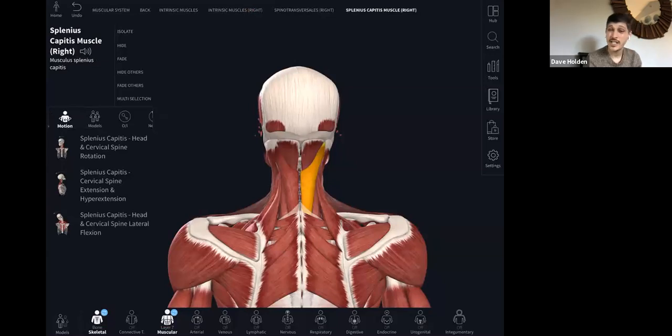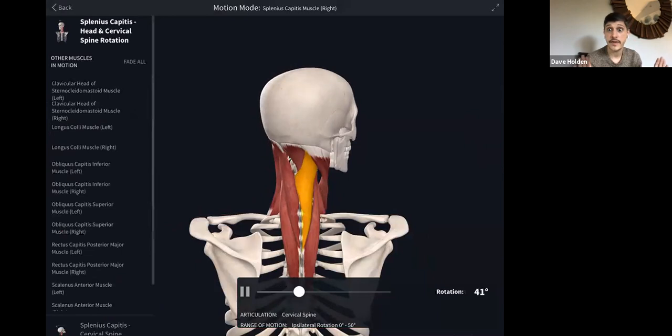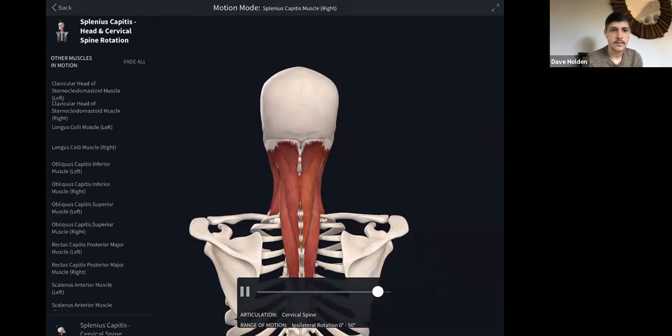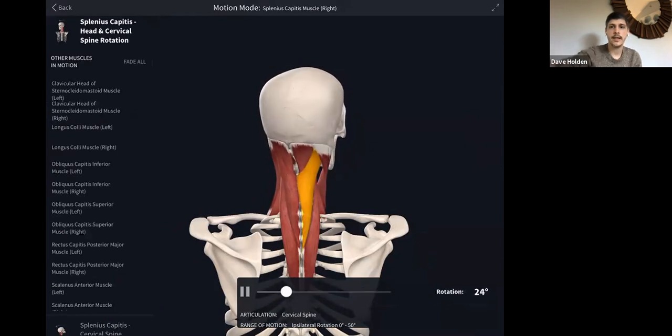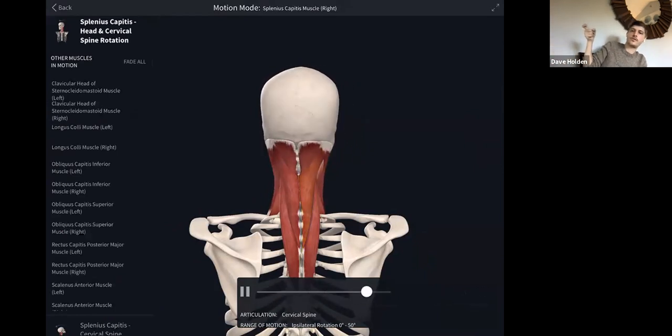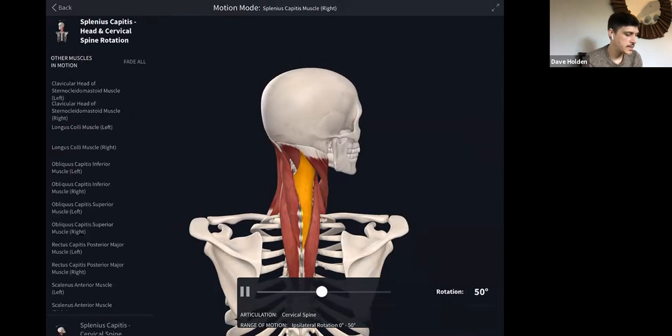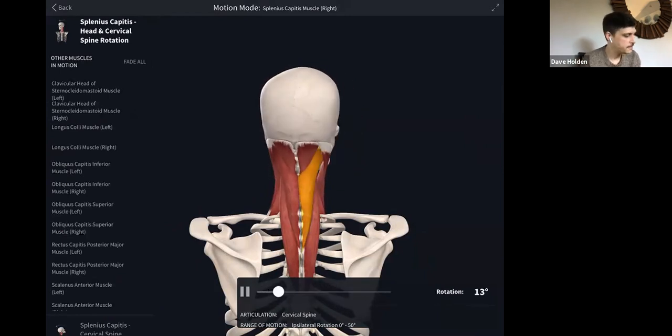Here we will watch rotation. If my app decides to catch up with me, apparently I'm moving way too fast for it. So by pulling the mastoid closer towards the spine, the head rotates. Ipsilateral rotation.